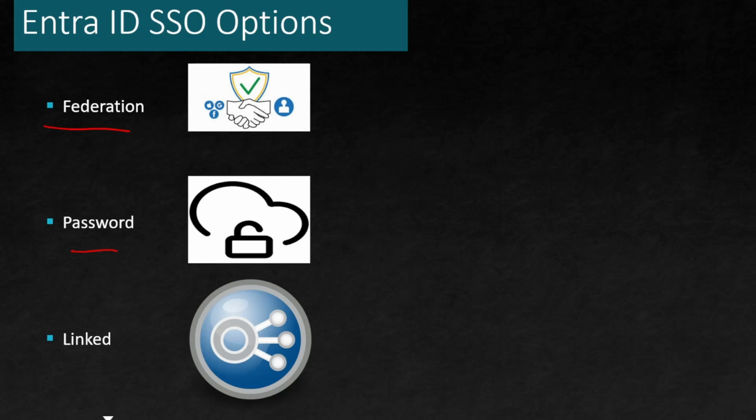That takes us to the third Entra ID SSO option, which is linked SSO. Linked SSO is a transitional solution, because it offers a seamless user experience during the migration of applications to new identity management platforms such as Microsoft Entra ID. It also allows organizations to centralize and simplify access to applications that are yet to be migrated.